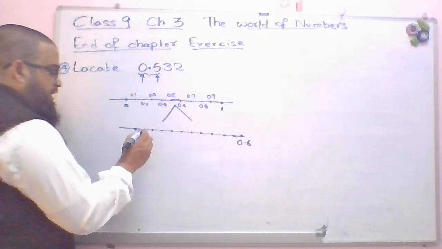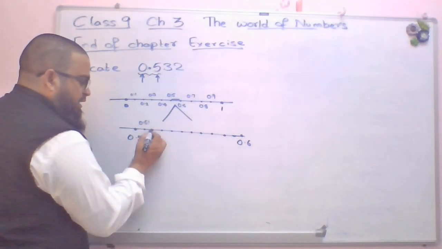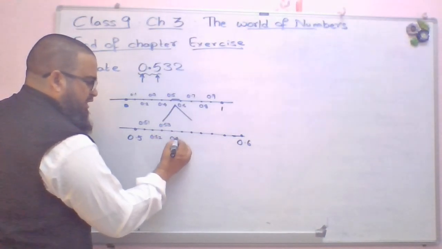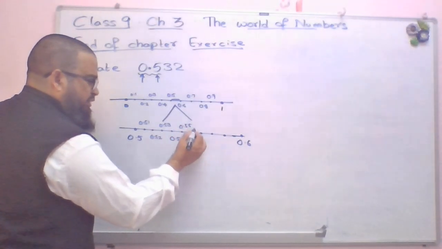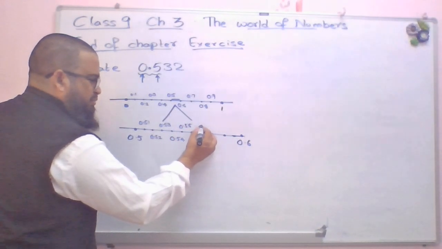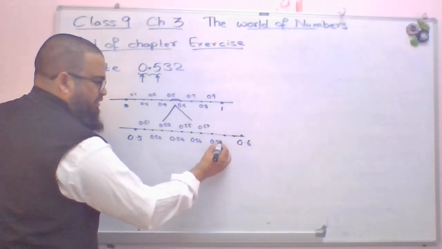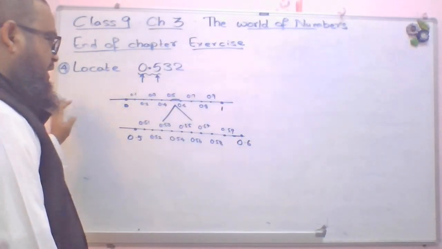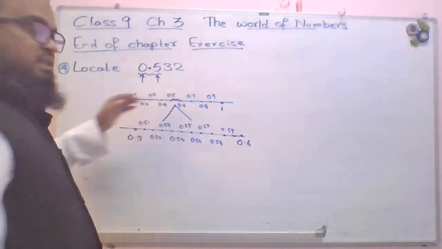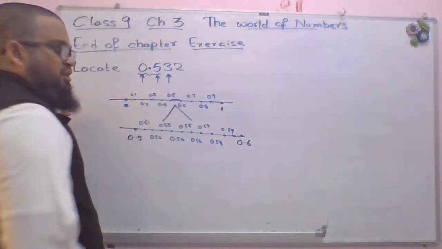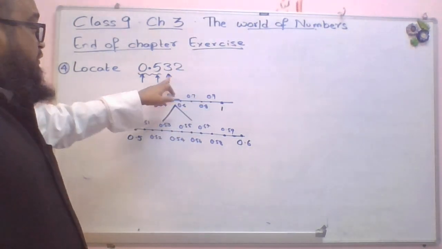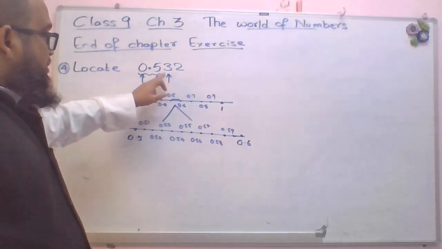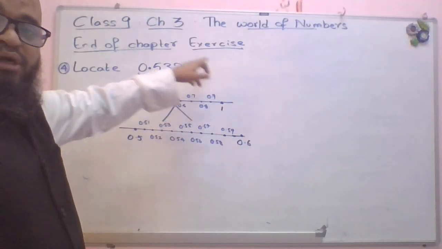Now this is 0.51, 0.52, 0.53, 0.54, 0.55, 0.56, 0.57, 0.58 and 0.59, and after that it is 0.6. So now let us go to the next decimal part, 3. From this we can understand that the given number lies between 0.53 and 0.54.